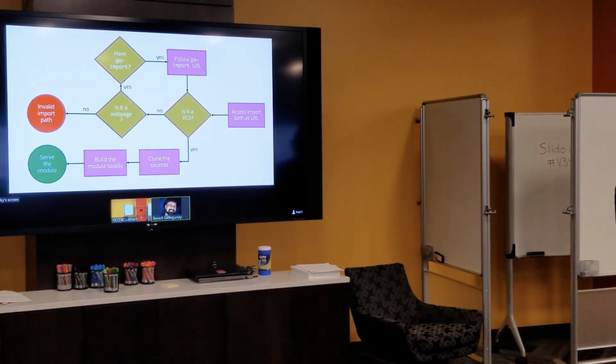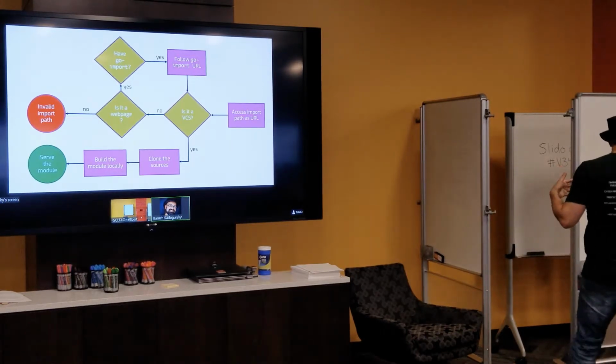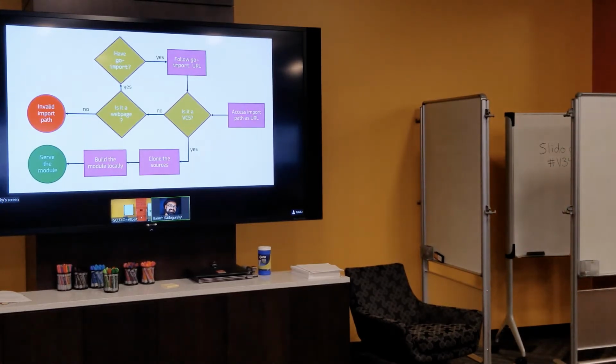This is how. If you look at the sources, you will see there is a go-import meta tag that actually points to the real version control of the files. Okay, so this is how it works, and then it becomes more clear. Okay, I write import, I know what happened. It will clone it, and then it will serve it to me.